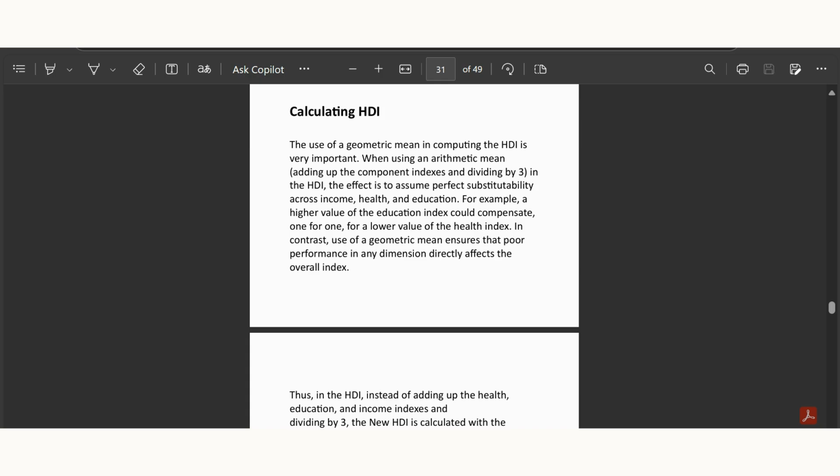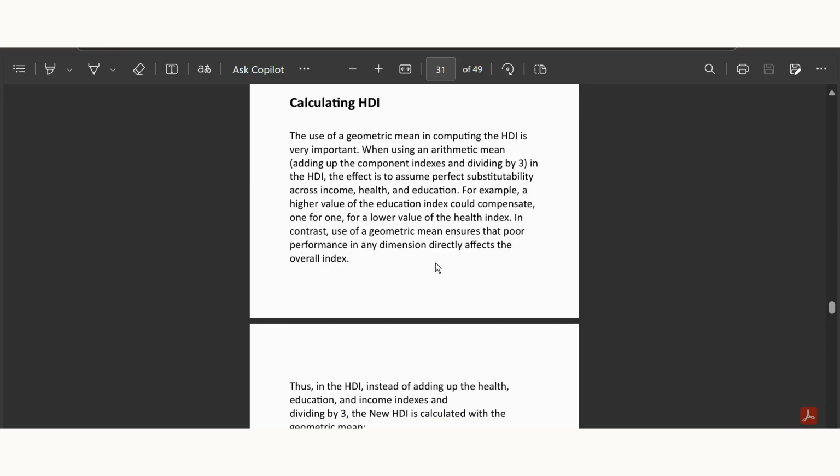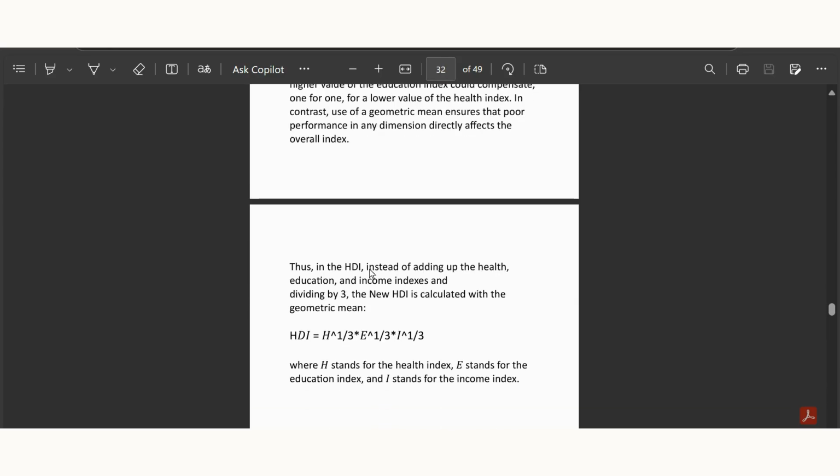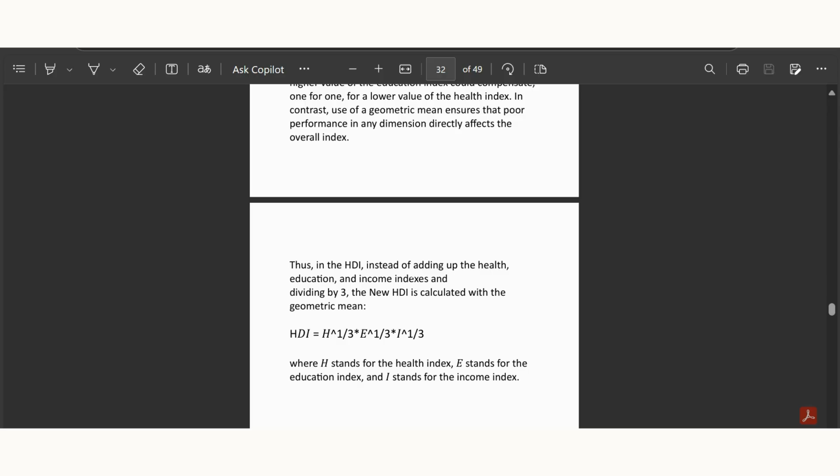In contrast, use of a geometric mean ensures that poor performance in any dimension directly affects the overall index. Thus, in the HDI, instead of adding up the health, education, and income indices and dividing by 3, the new HDI is calculated with the geometric mean.